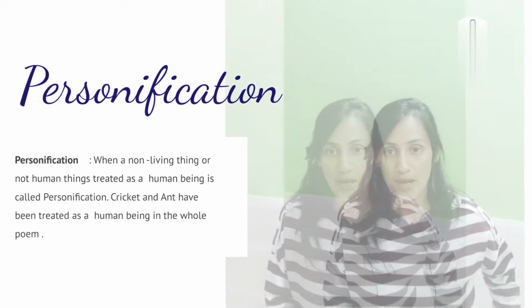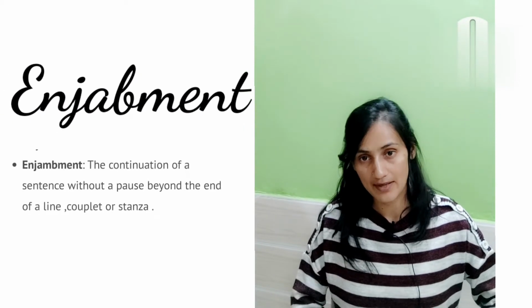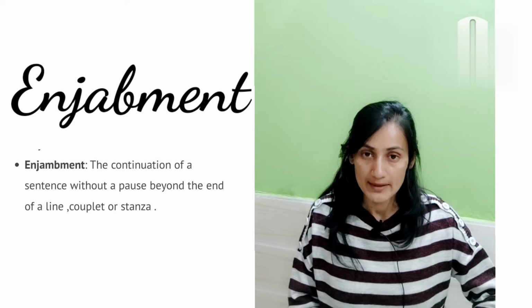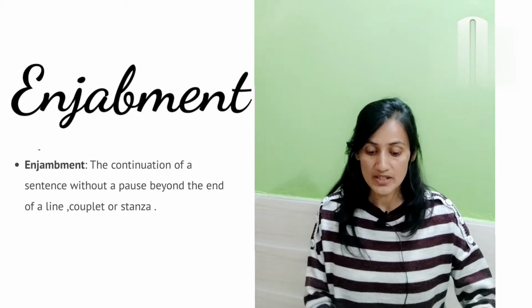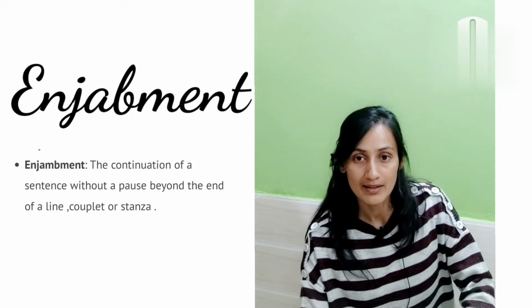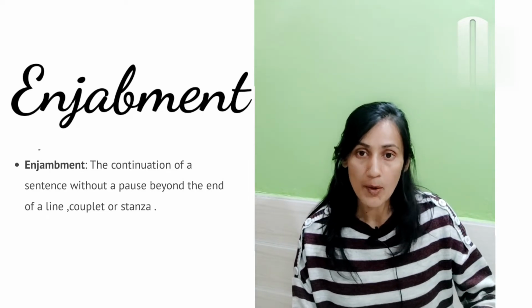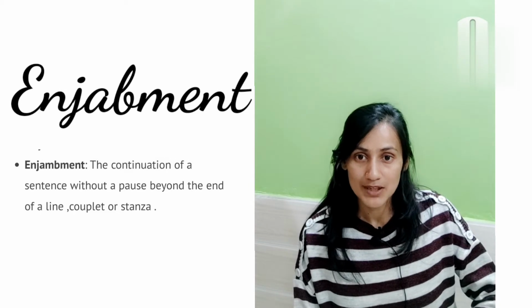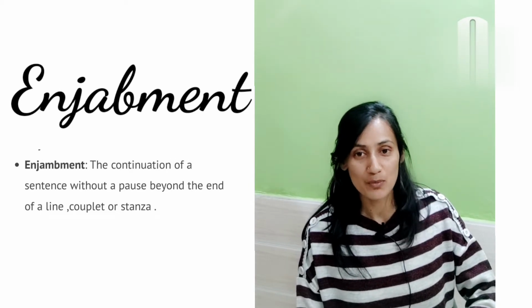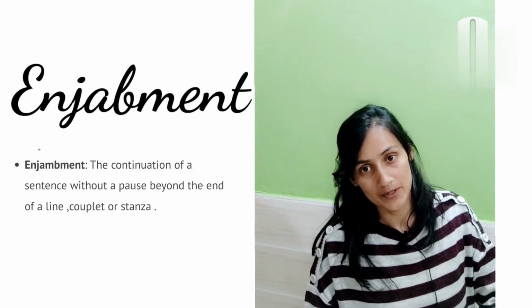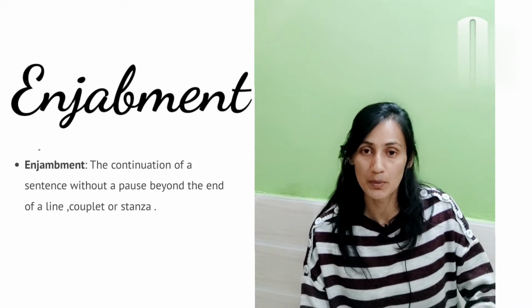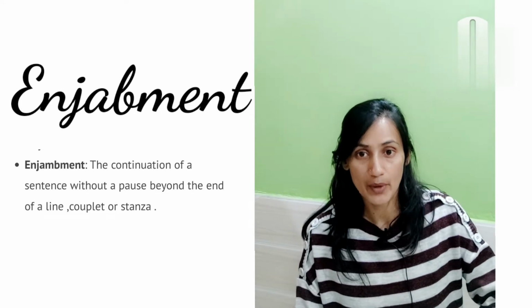Next one is enjambment. When two, three or some more successive lines of a poem carry the same idea without any grammatical pause, then it's enjambment. What we see in the first stanza is that it's all about a cricket. There is a cricket who, in the summer season and spring season, when the weather is very good, likes singing and having fun, and when the winter season comes, he finds out that there is nothing to eat at home.